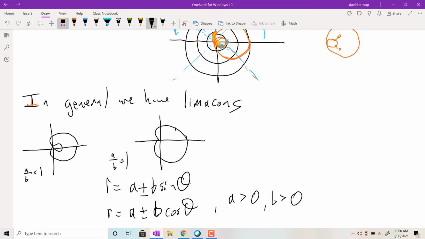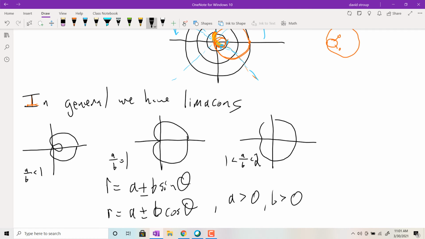Anyways, they'll have polar symmetry to them. So if you get half of it, you're kind of done. Jeez, that's still not very good, but you get the idea, right? And then when the ratio is in between 1 and 2, you get kind of sort of just an indentation on the thing.